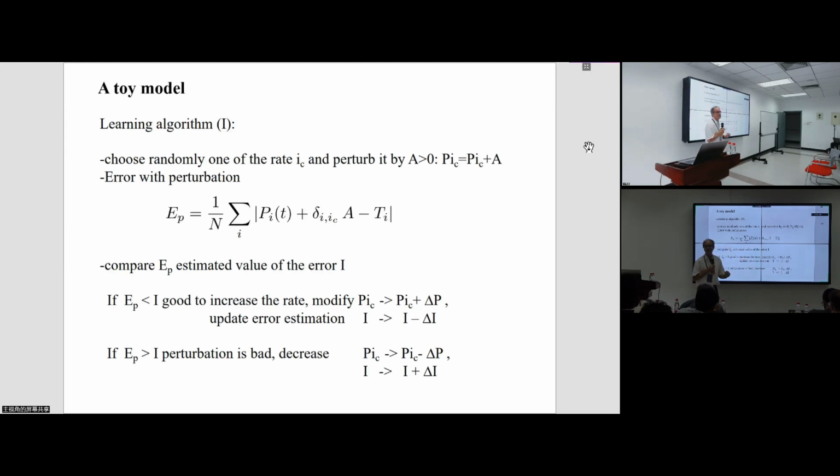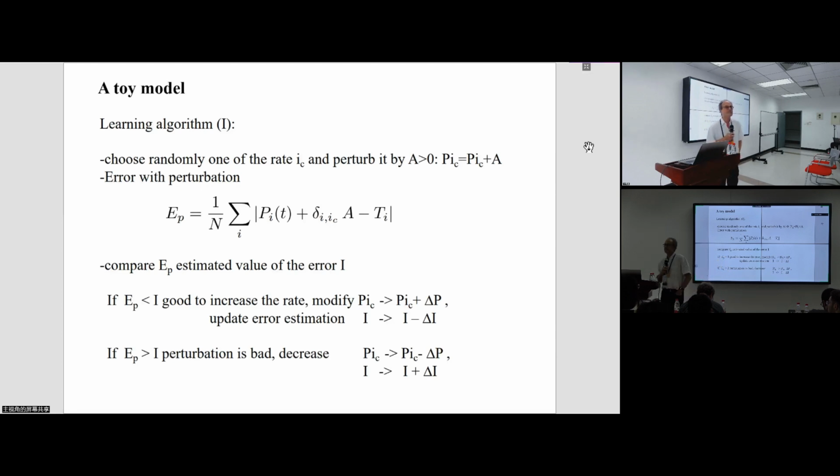It was not a good idea to increase this. So I will decrease the firing rate of this particular cell, because this is the one I've perturbed, and I will also refine my estimate of the error. If it was good to increase the rate, meaning that this EP is better than my current estimate, then I diminish this firing rate, and I also increase this firing rate because I've perturbed it and I diminish the error.